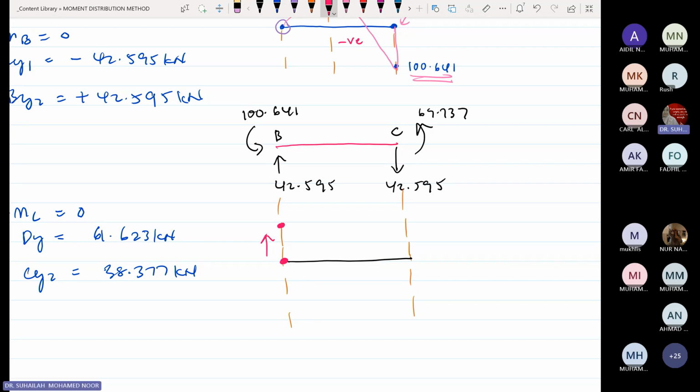So point dia kat atas. And then next point, they go straight sampai next point. Because tak ada UDL, tak ada point load. Okay, so they just go straight je lah sampai dia jumpa point C. And dekat point C, arrow tu ke bawah. This is the end point.